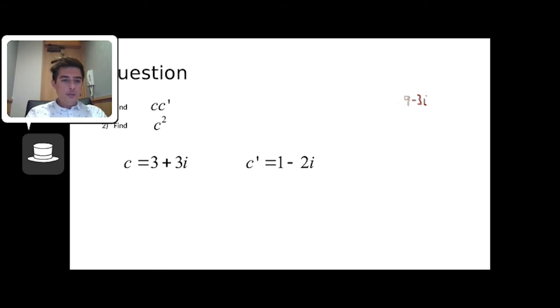For C squared, let's go down here and do it. In this case, it's 3 plus 3i, squared.